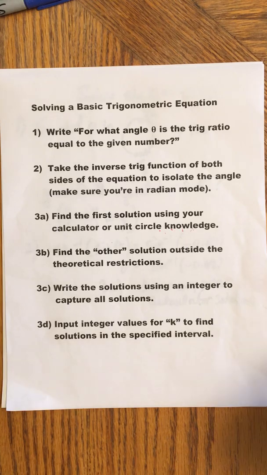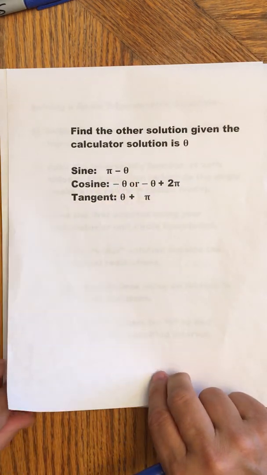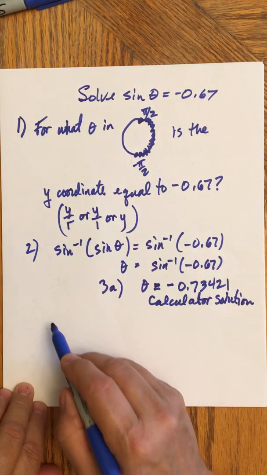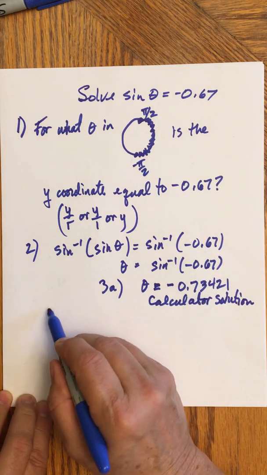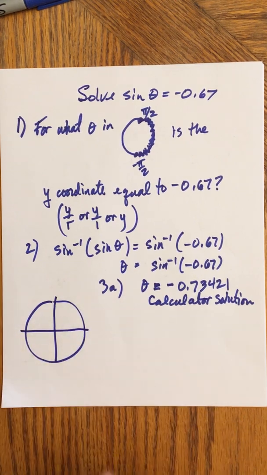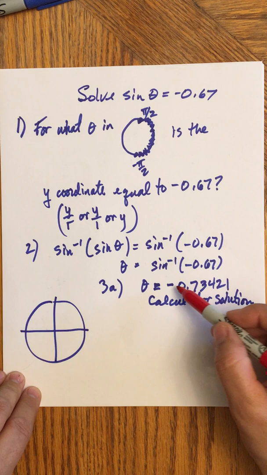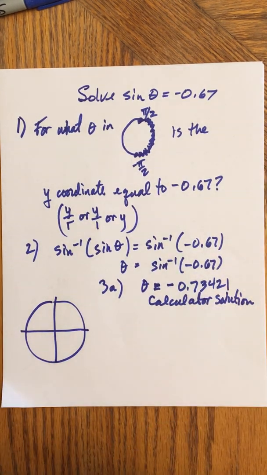And again, you can either use this formula, in which case you get pi minus theta, or I just do it visually. Okay. So again, what I'm looking for is, if I look at it visually, I know I'm going to be in quadrant 4, but basically the calculator gave me negative 0.73421, so let me go ahead and kind of draw that out.